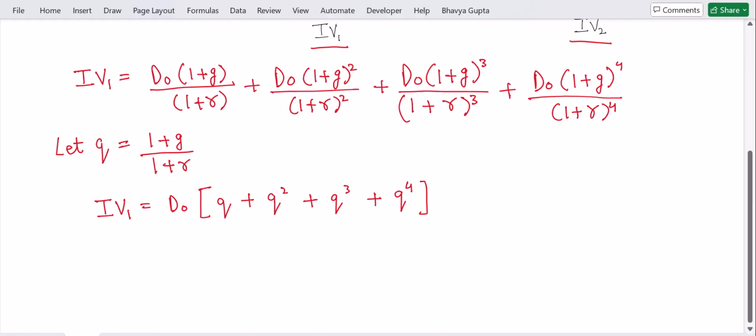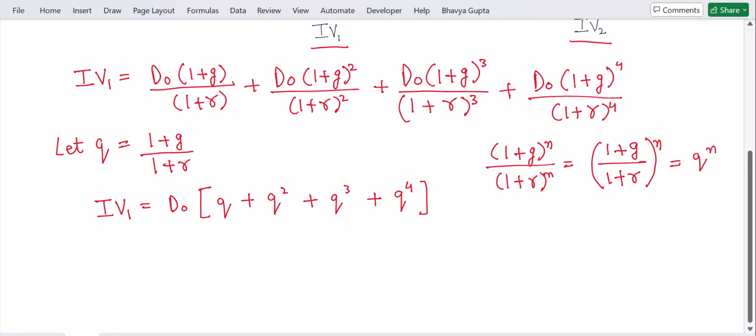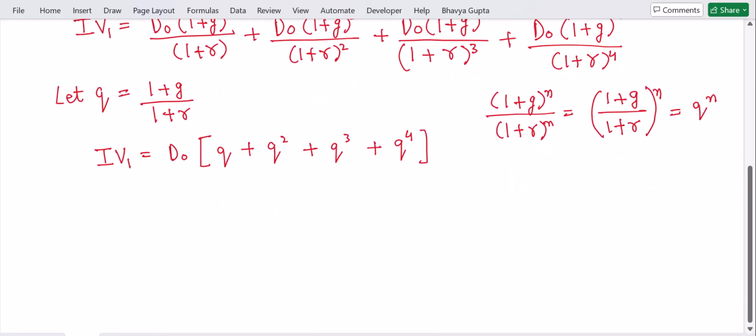Because (1 plus g) raised to power cube upon (1 plus r) raised to power cube will be... So if we just see this, (1 plus g) raised to power n upon (1 plus r) raised to power n will be simplified to (1 plus g upon 1 plus r) raised to power n, which will be Q raised to power n. So now we get this shorter equation for IV1.